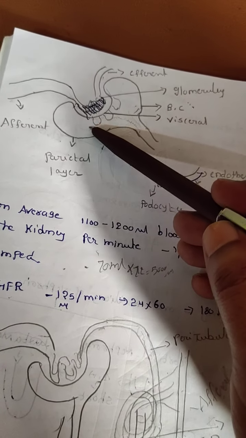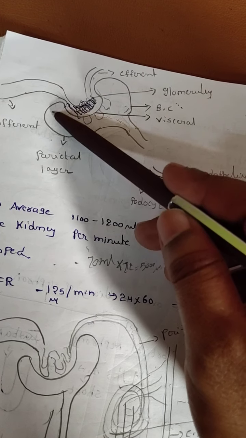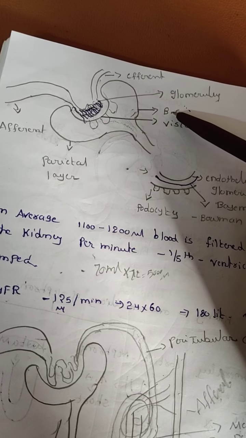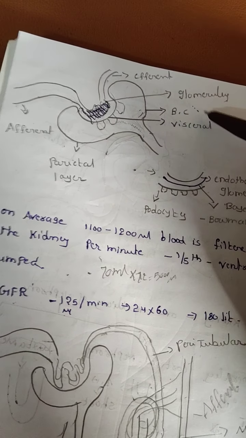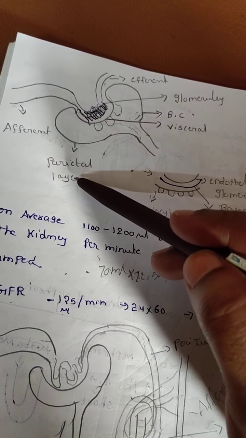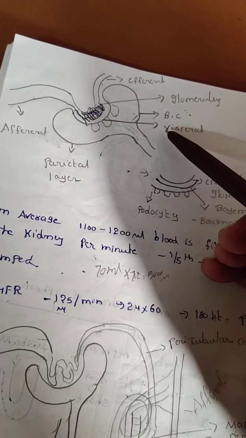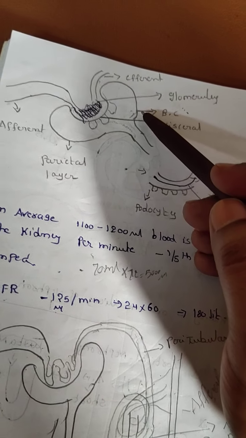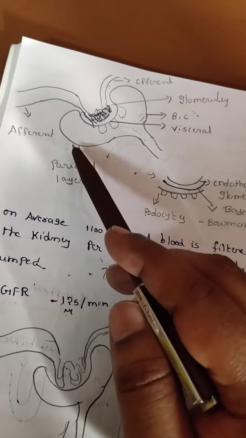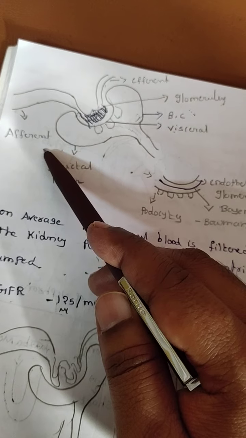This glomerulus is surrounded by a double-layered structure called the Bowman's capsule. In this Bowman's capsule, the outer layer is called the parietal layer, and the inner layer is called the visceral layer. Between the outer parietal layer and the inner visceral layer there is a space, called the capsular space.